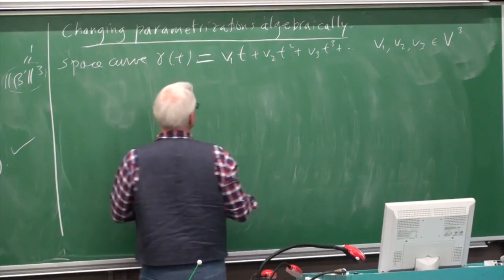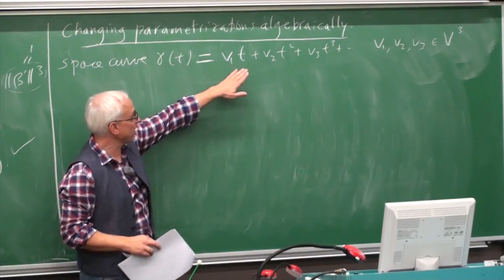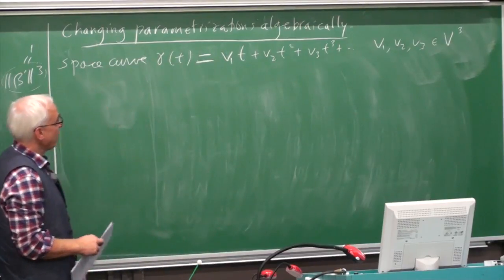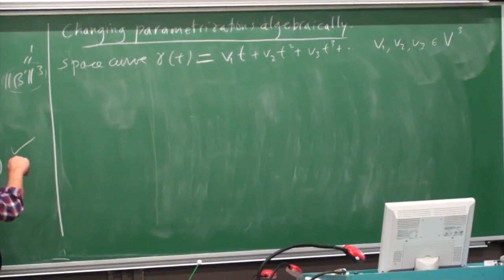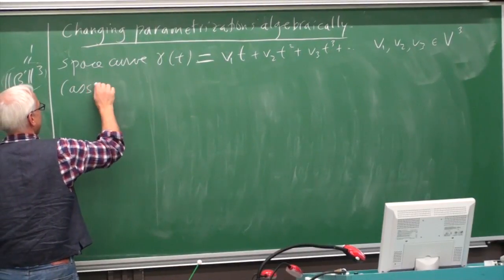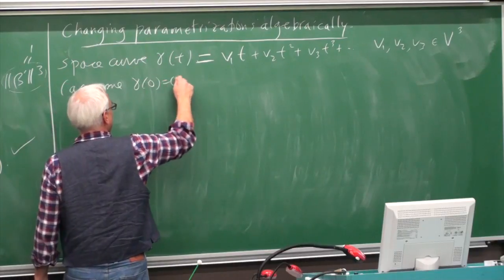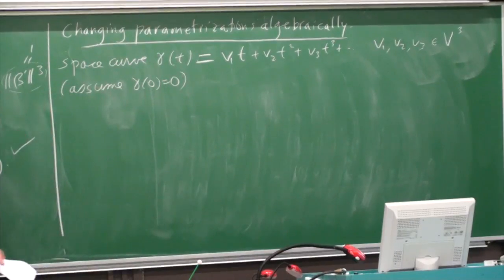It's a space curve after all, so it has to take values in this three-dimensional space. So the coefficients we can think of as being fixed vectors. And I've translated it so that it's going through the origin. Assume gamma of 0 is 0. We can always translate so that we're going to focus on what happens at 0.